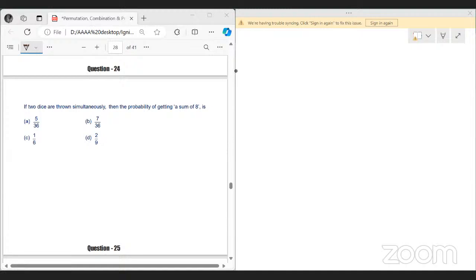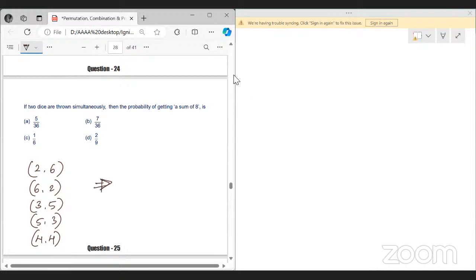If you throw two dice, first tell the chances that the summation is 8. 2 6 is possible, 6 2, 4 4, 3 5, 5 3. 4 4 is only one, whether it is 4 4 or 4 4, it is the same. But 3 5 and 5 3 are different. Understanding what I'm trying to say? Yes, sir.